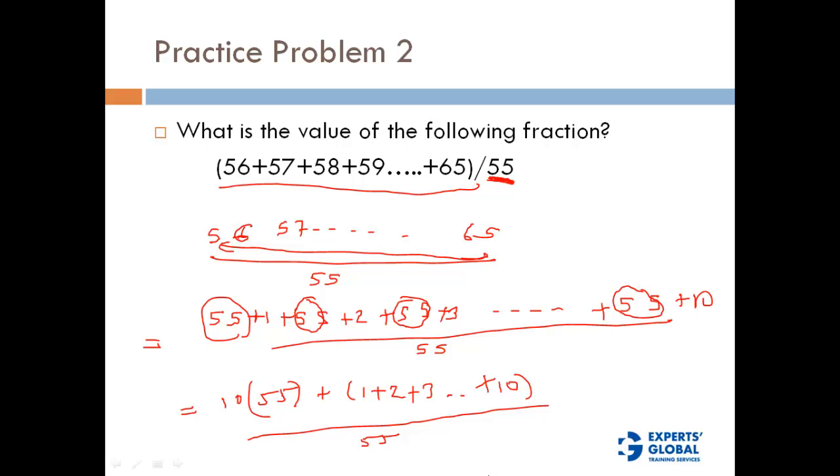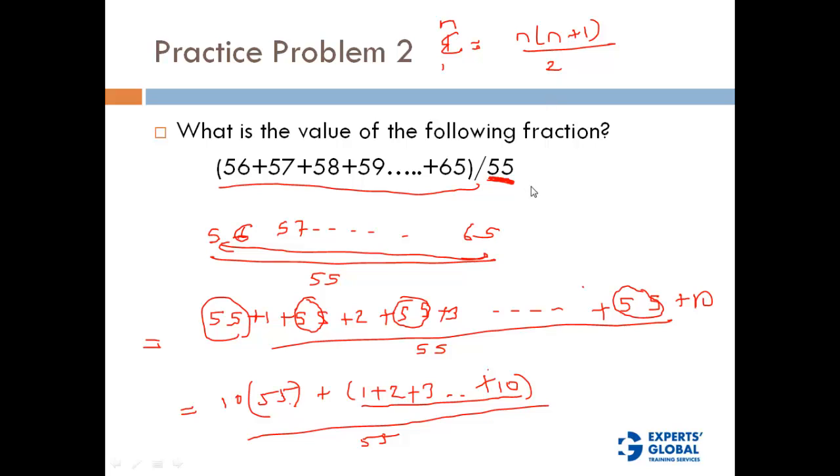Now the problem is very easy. We know this 55 and this 55 will ultimately get cancelled. We just have to evaluate the value of 1 plus 2 plus 3 plus 4 till 10. The formula for the summation of 1 to n, that is 1, 2, 3, 4, 5, 6, 7, 8 till n, is n into n plus 1 divided by 2.